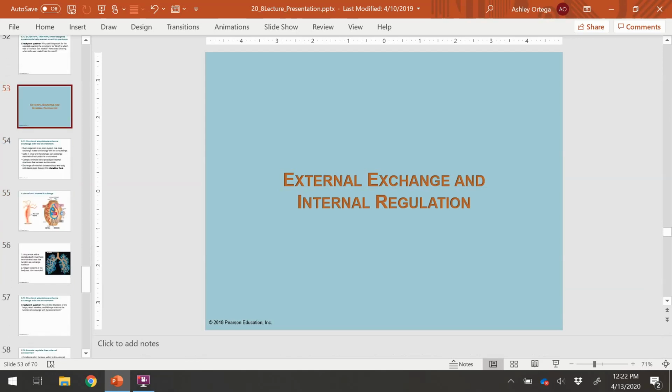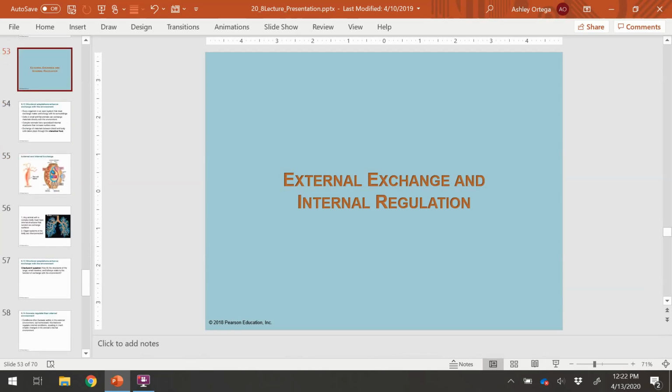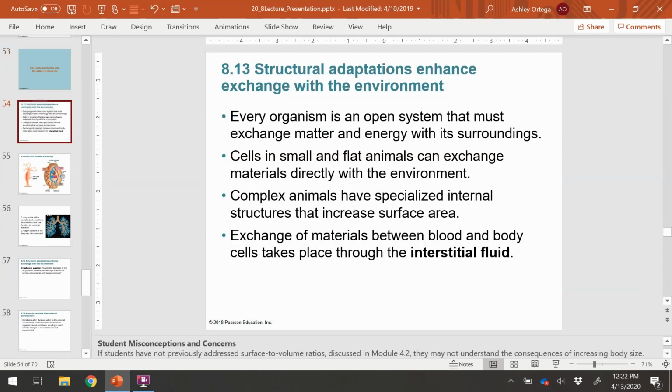All right, and so that brings us to the next section, where we'll look at external exchange and internal regulation of animals in their environment. Every organism is going to be what we call an open system that must exchange things with its surroundings.